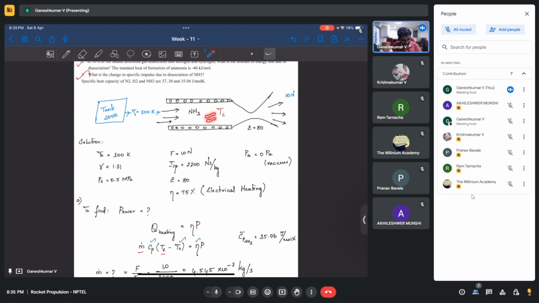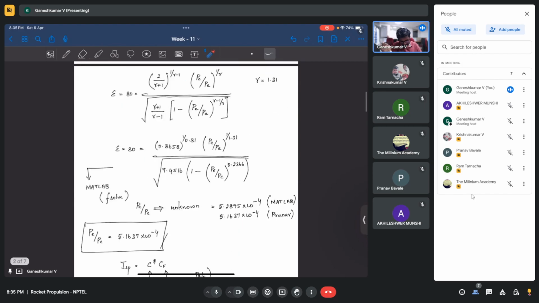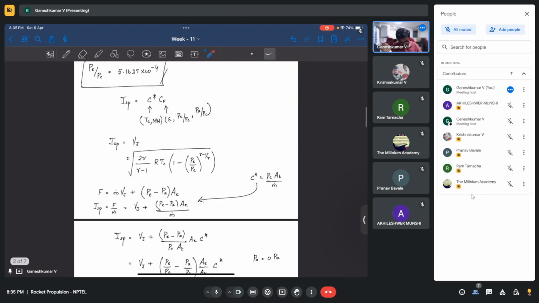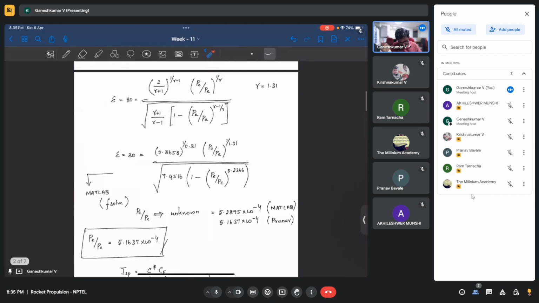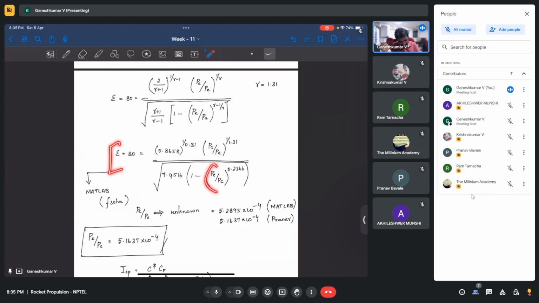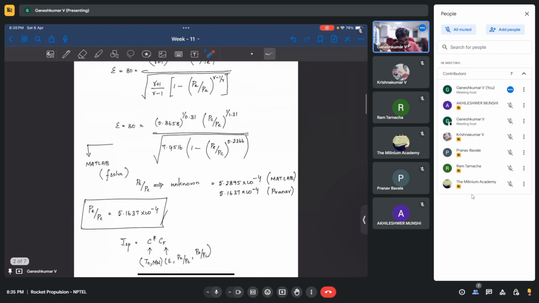Chamber pressure, chamber temperature, and the expansion ratio are going to define my thrust, or in other words the ISP. So we use the ISP relation. If we use epsilon to find PE by PC, it turns out to be non-linear. You can either use MATLAB or your scientific calculator to find PE by PC.